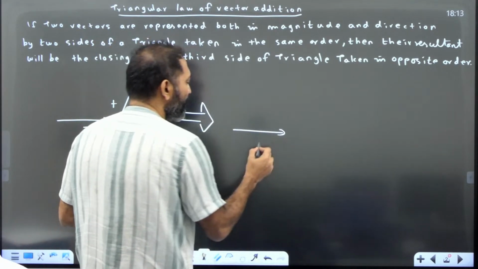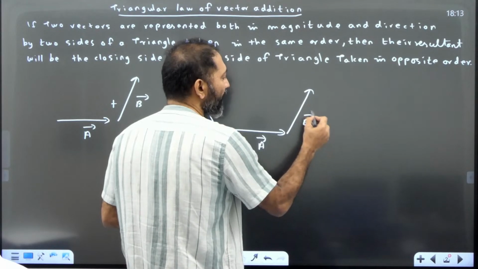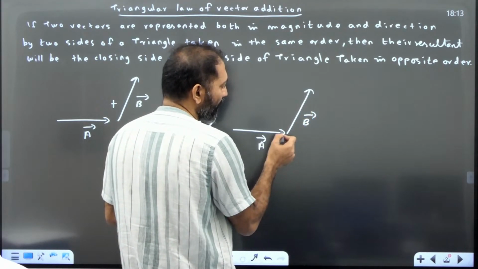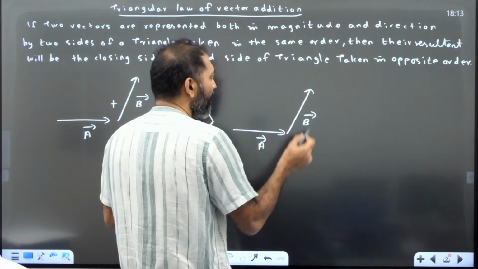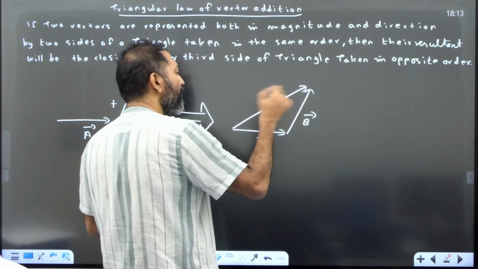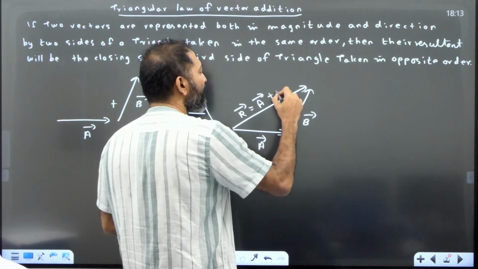See, I am representing these two vectors by the two sides of a triangle taken in the same order. Why same order? Because the tail of one connects to the head of the other. Then the resultant will be the third side, that is the closing side of the triangle, but taken in opposite order. Why am I saying opposite order?